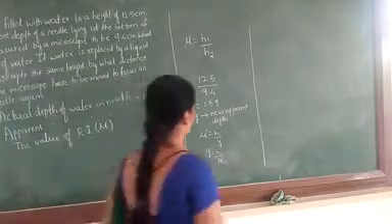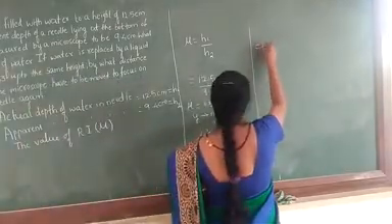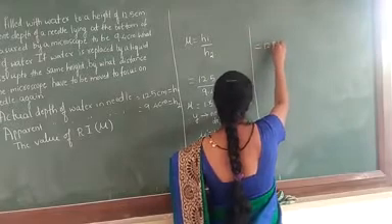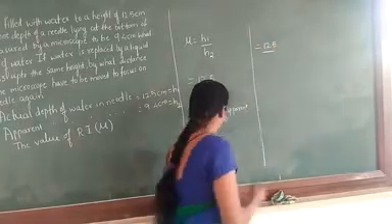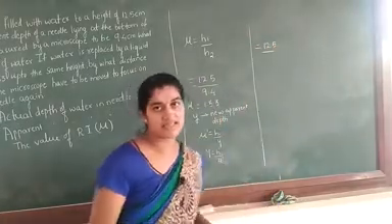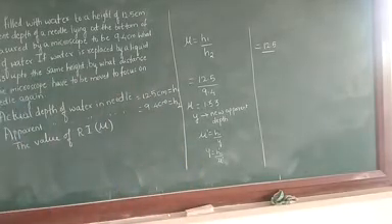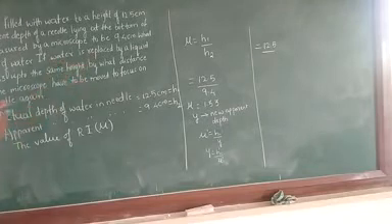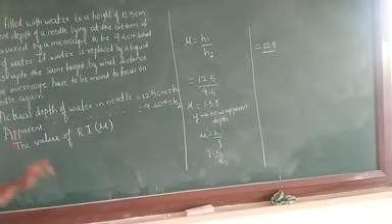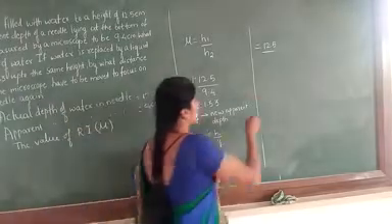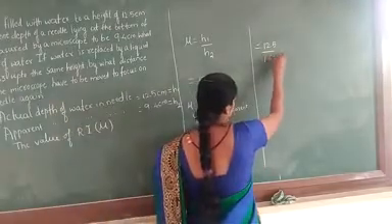Therefore y is equal to 12.5 divided by mu dash, and they have given that if the water is replaced by a liquid of refractive index, mu dash is equal to 1.63.